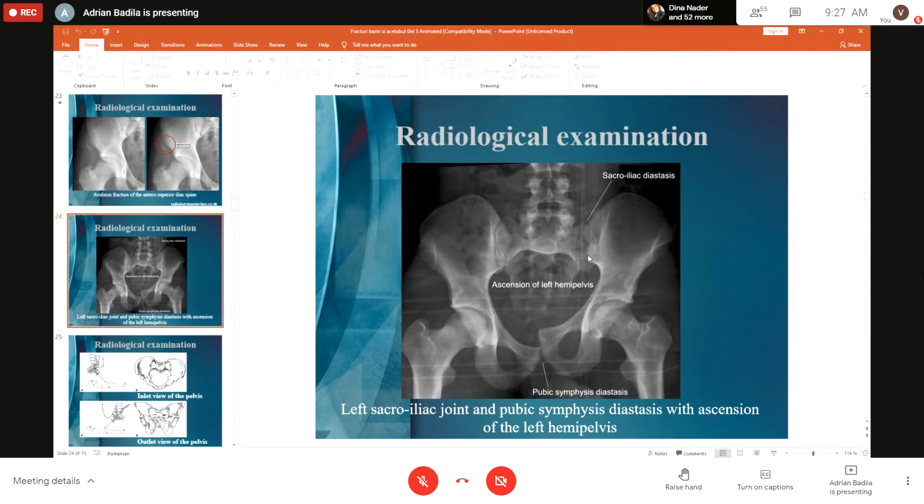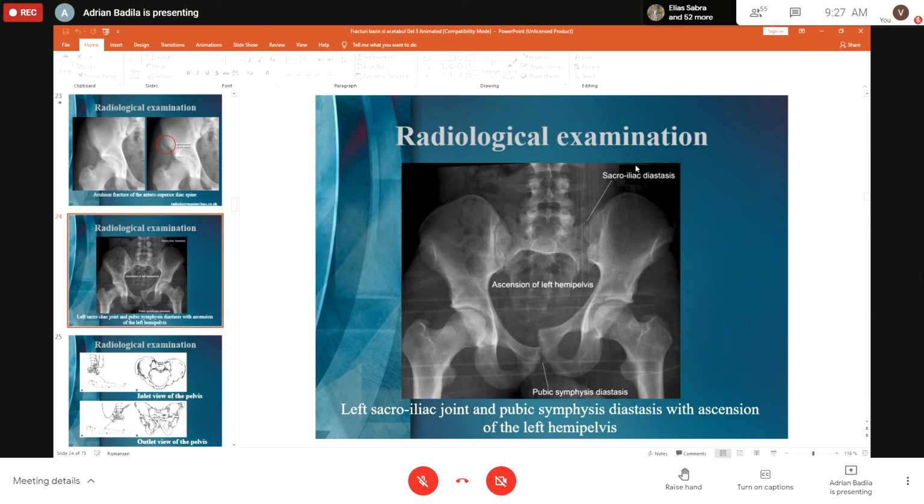Another image with lesion at the level of the left sacroiliac joint, and another dislocation at the level of the pubic symphysis. The whole left hemipelvis is ascended.